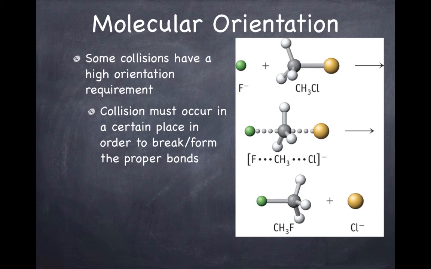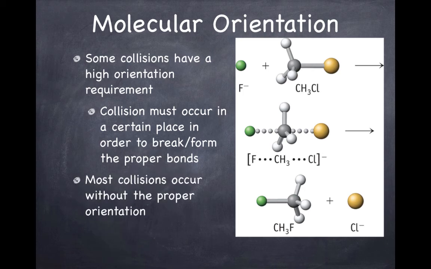But we see that fluoride ion coming in. It hits that carbon atom between the hydrogens there. It causes that carbon-chlorine bond to break, and it causes the carbon-fluorine bond to form. And now rather than methyl chloride, we have methyl fluoride and a chloride ion.